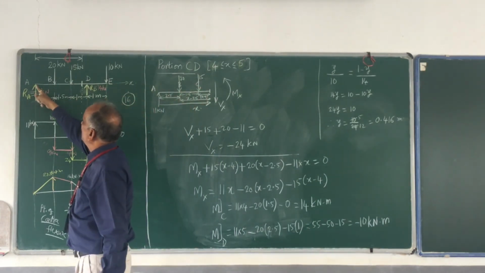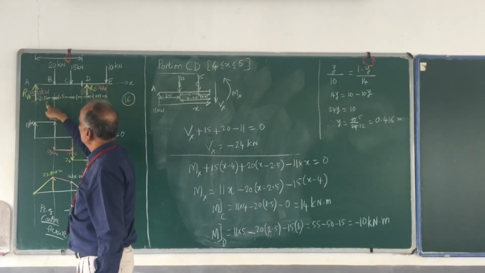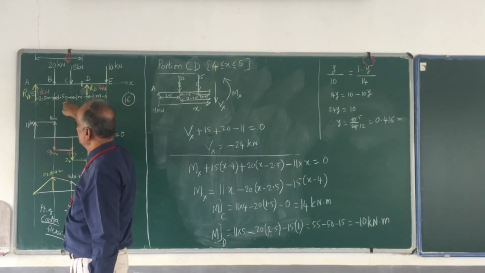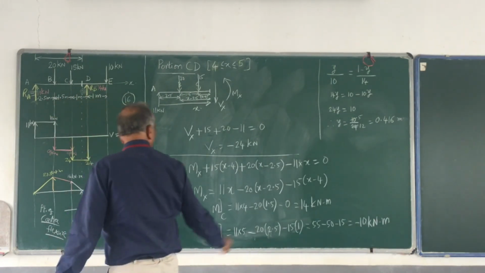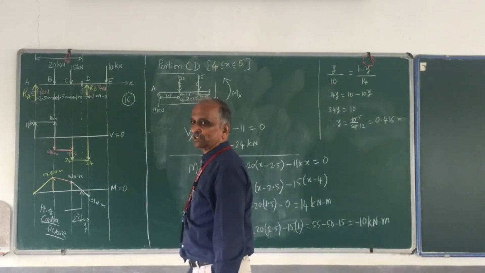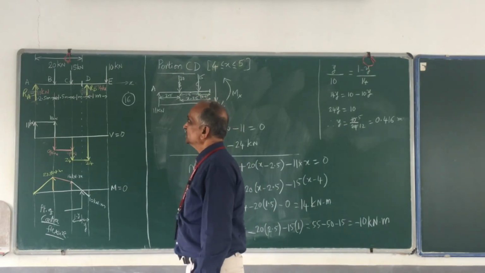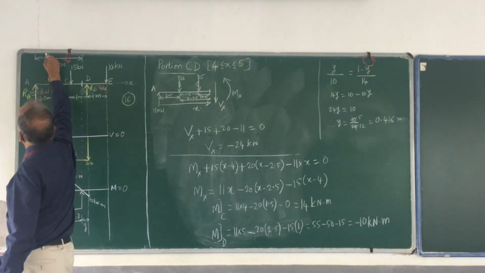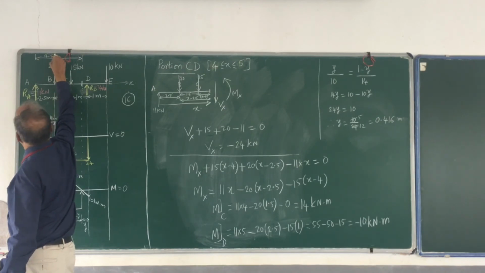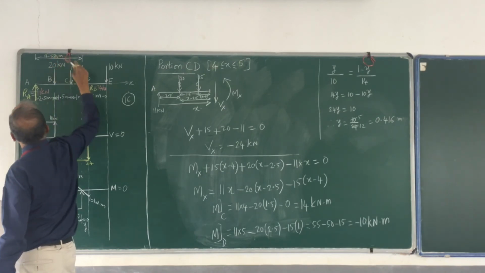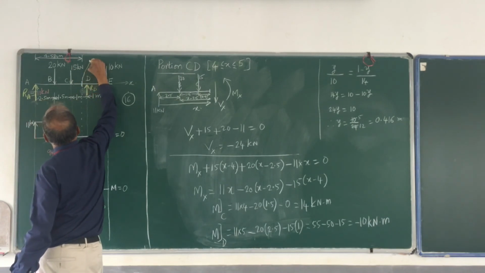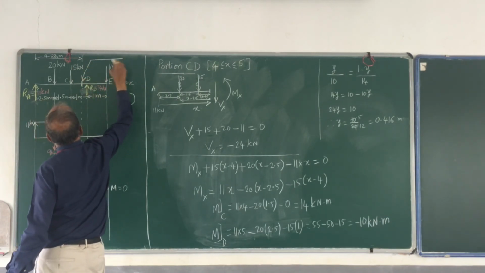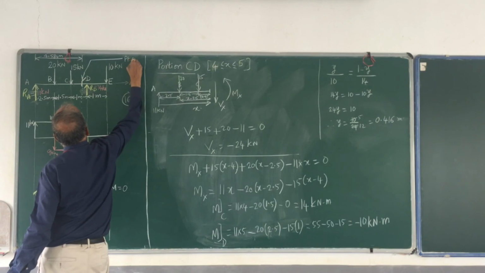I know that from A to D it is 1.5. So 5 minus 0.416, that is nothing but 4.584 meters. What is this? This is the point of contraflexure.